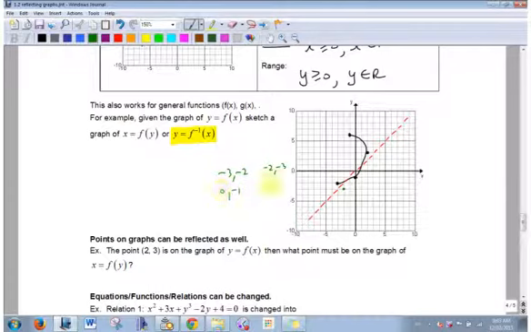If I swap x and y, I got -1, 0. And that's a reflection over the y equals x line. Take the next point, 2, 3, and swap those, and I got 3, 2. And the last one was -1, 6. So now it's going to be 6, -1. Now join them as best you can.